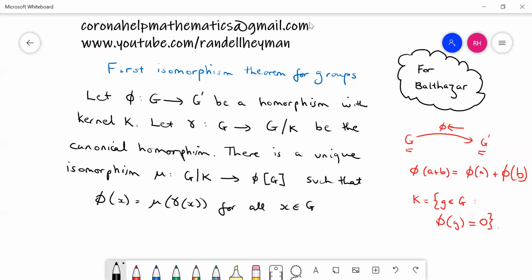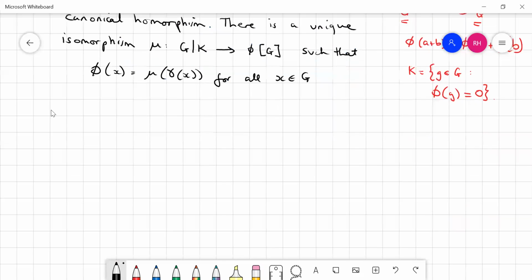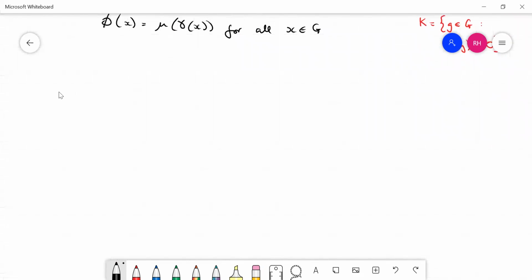Let's draw a diagram that explains how this works. I'll first put the general thing, and then we'll put a specific example. Here we've got G, and here we've got phi of G, and we'll put a little arrow this way, and this is the function phi.